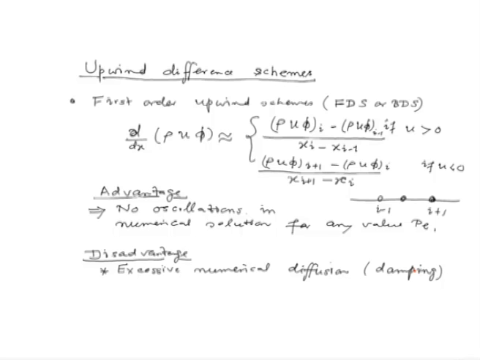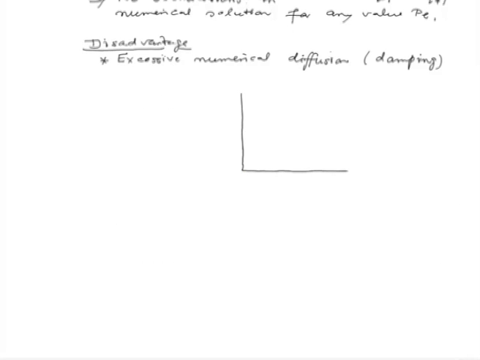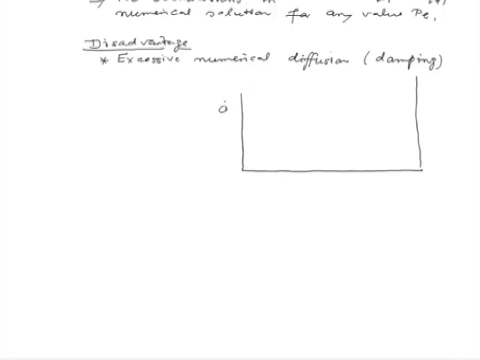And just to give you a graphical illustration, suppose we are dealing with the advection-diffusion of a sharp front. So phi, along this we have got x.